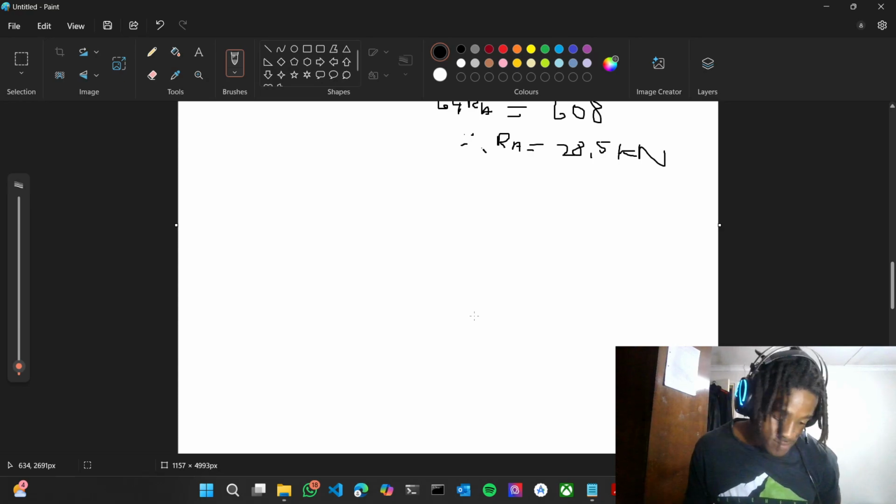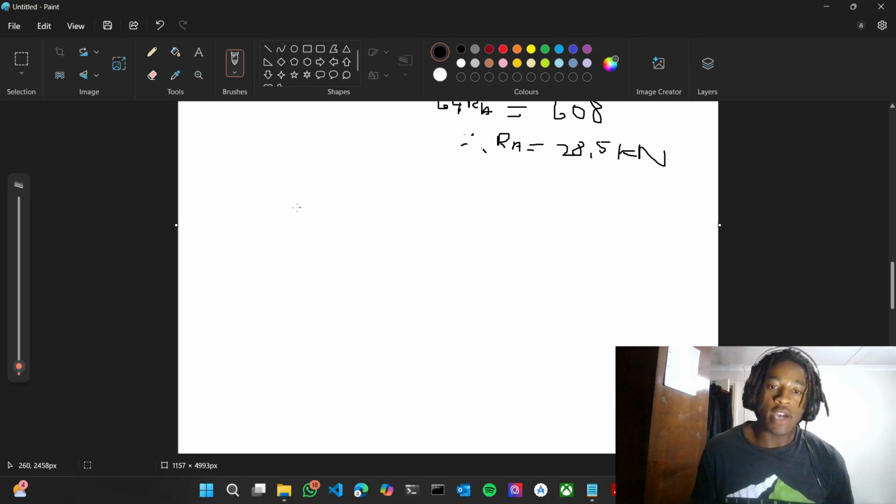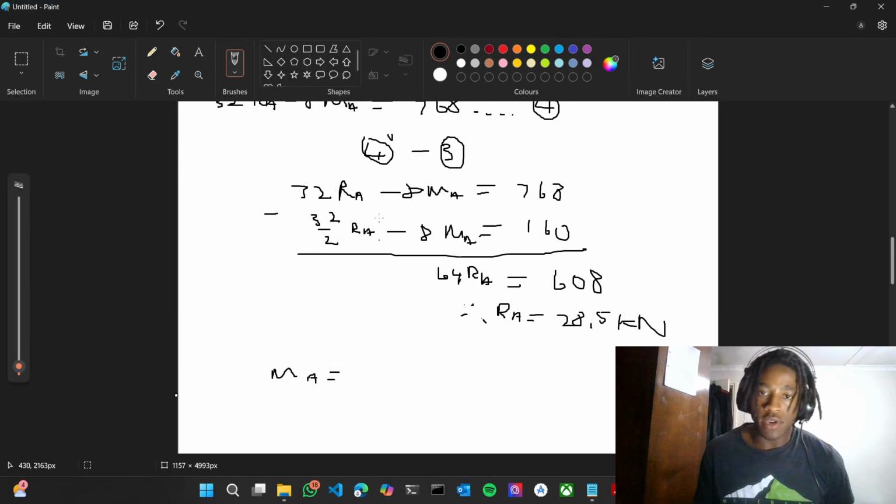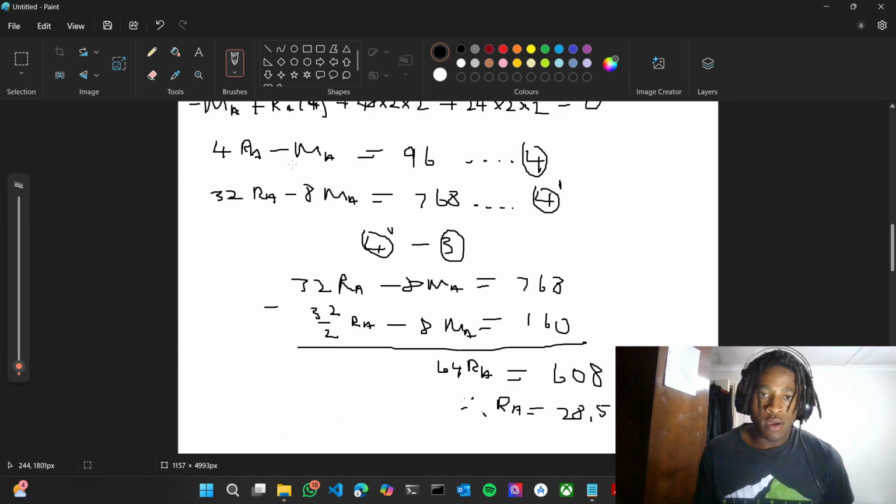Now we can evaluate what our bending moment at A is by substituting RA back into equation 4.